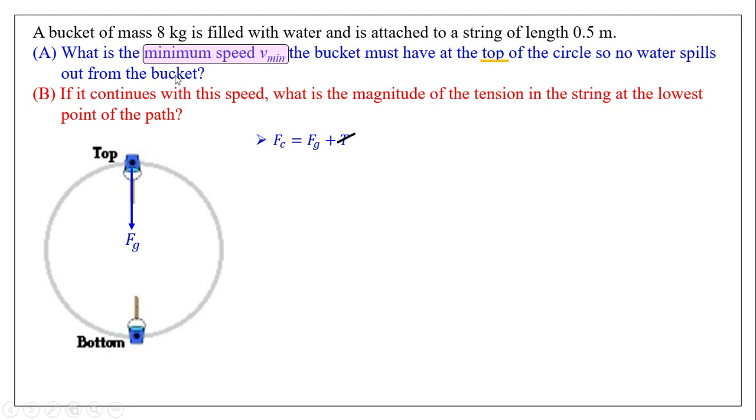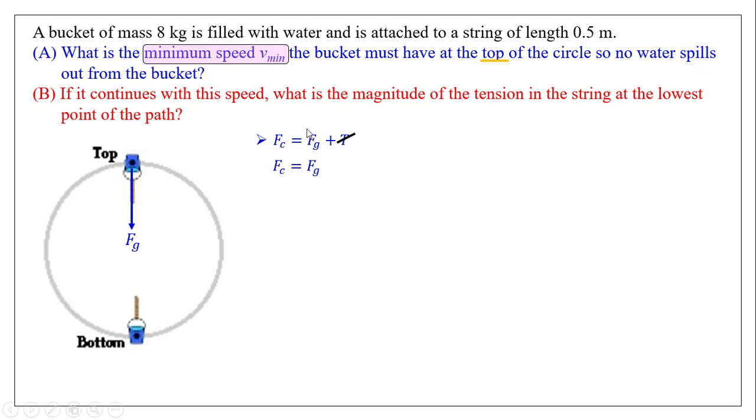So at the very top, anytime it says minimum speed, the only vector that you should draw is F of g, right? I started with what you would typically draw, but as you practice, the terminology tells you to erase a certain vector. In this case, between T and F of g, you cannot erase F of g because F of g always exists. Therefore, T will disappear at the very top when it says minimum speed.